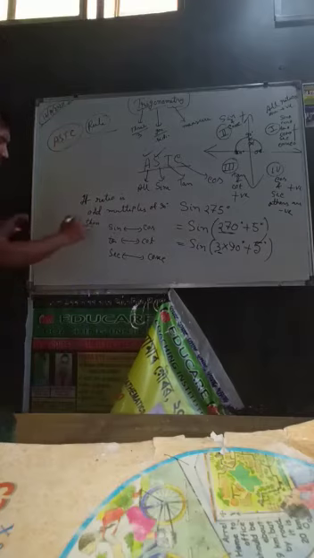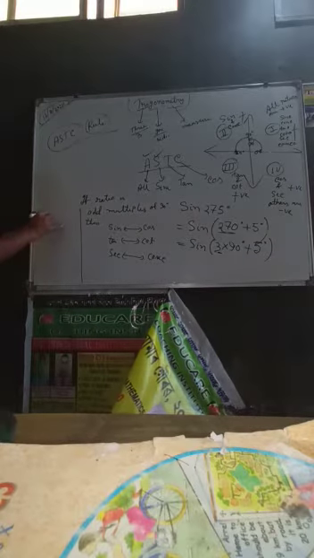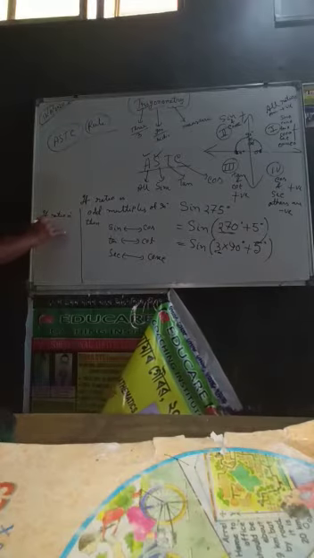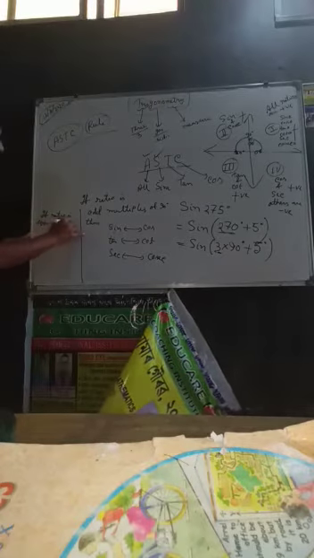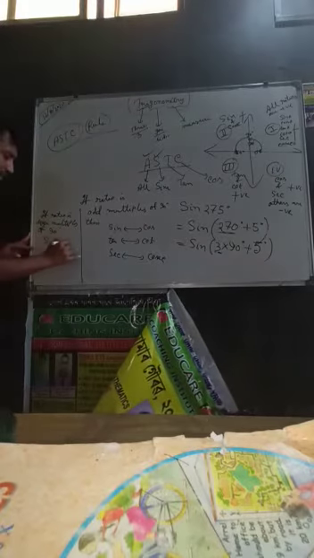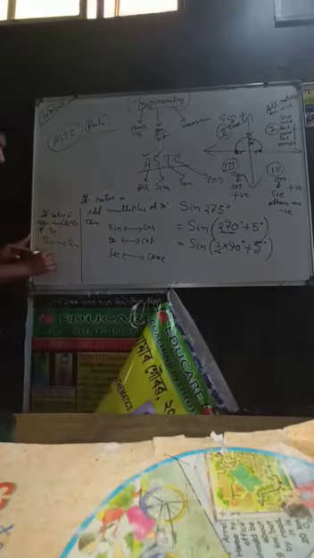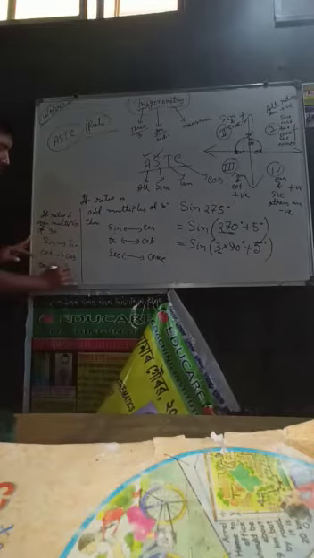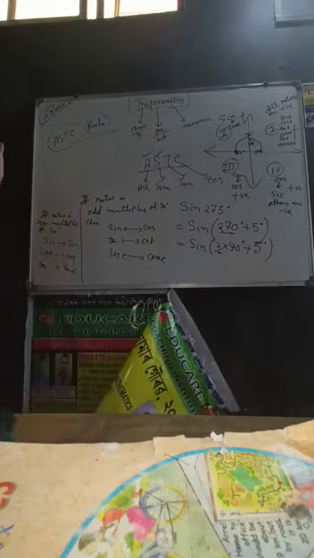Okay? And if the ratio is an even multiple of 90, then sine remains sine, cos remains cos, and tan remains tan. It does not change the ratios.